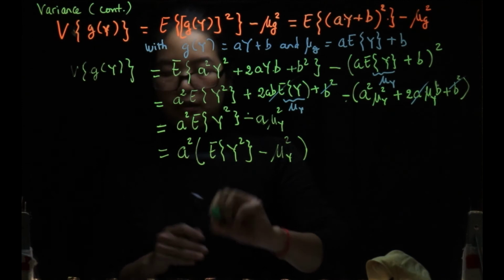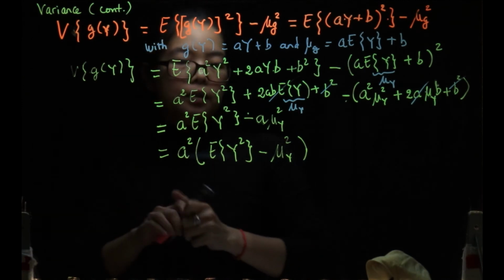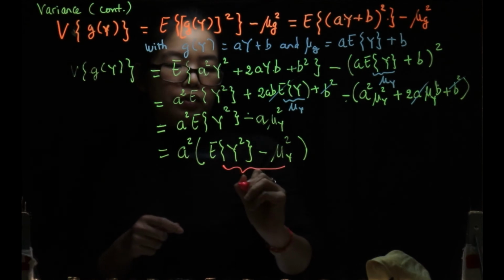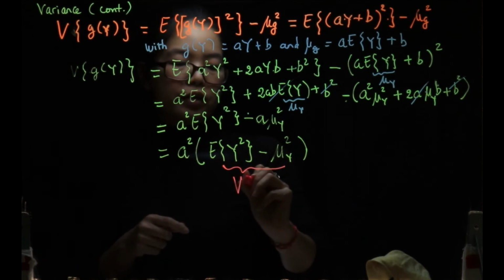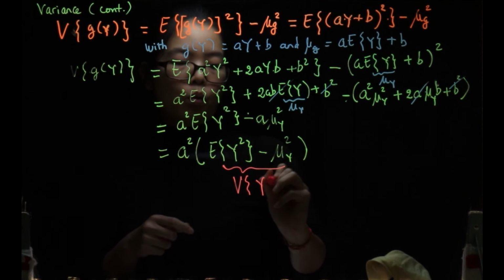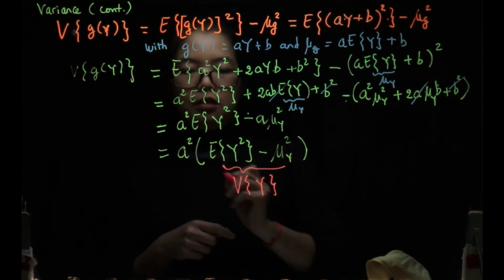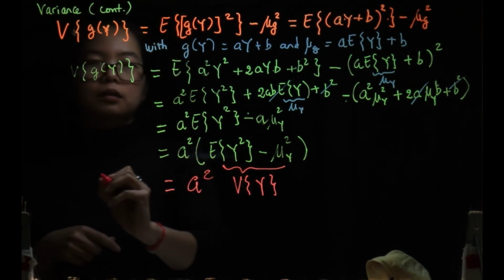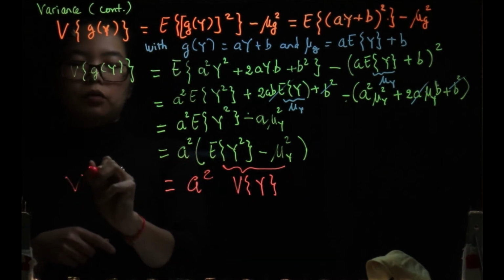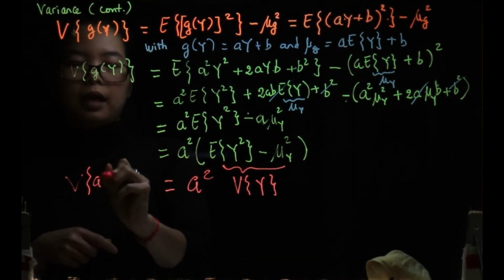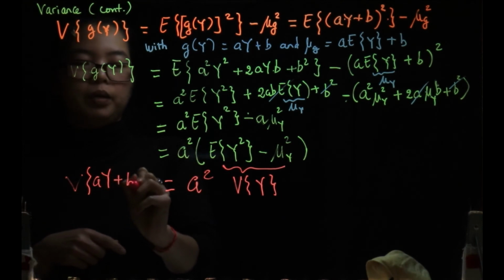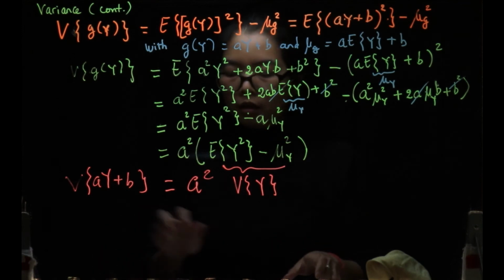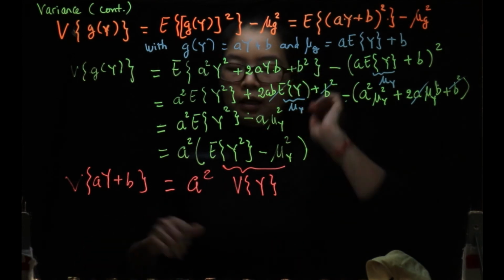And what is this? This is exactly the thing that we have shown before, the variance of y by definition, right? So that means I could write here again the variance of ay plus b, as was shown on your slide.